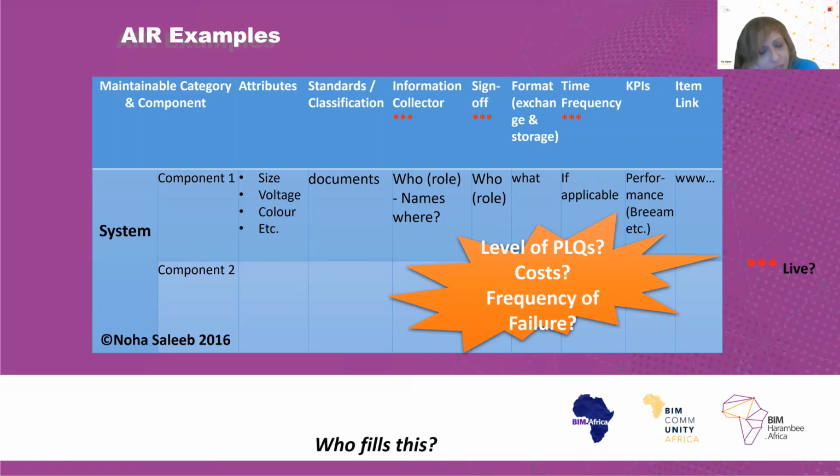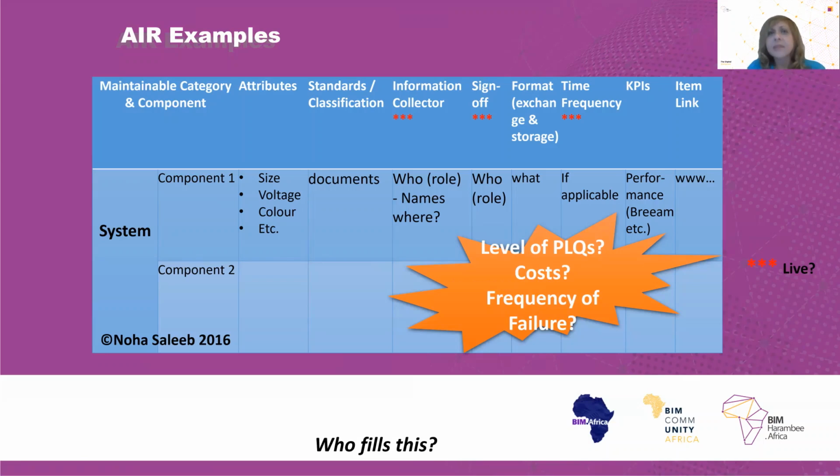Now, the last things which I want to mention here is who would actually fill this. It could be the lead appointing, it could be the appointing party if they have their own consulting teams and if this is repeat business, that they are used to creating many assets which have the same components, so maybe they already know in advance how to fill this all in.